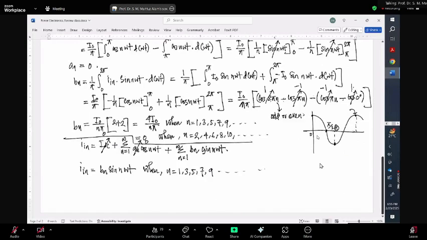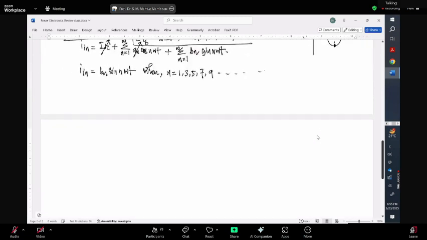So now, if this is your equation, then how can we write it down? If I put this value here, my I in would be 4 I naught over n pi sine n omega t when n is equal to 1, 3, 5, 7, and 9.